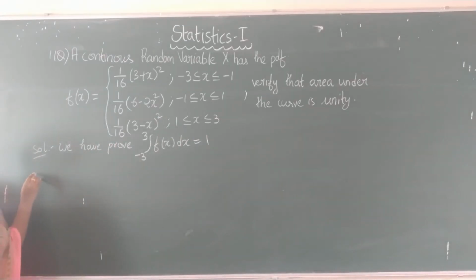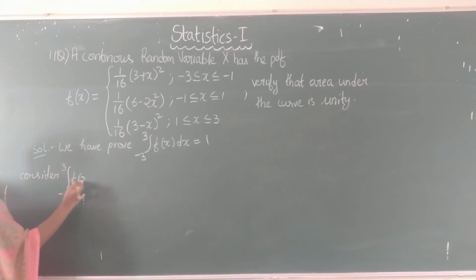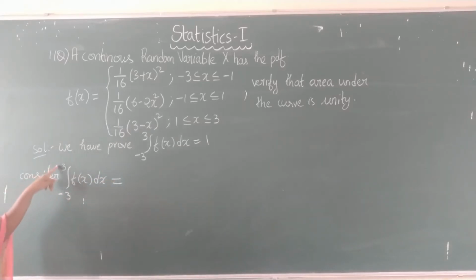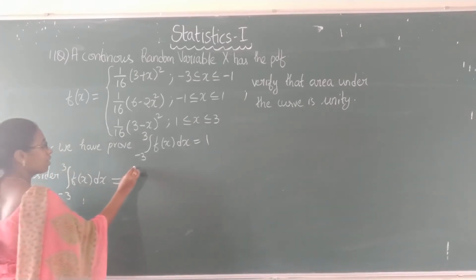Now consider integral over -3 to +3 of f(x) dx. -3 to +3 means it is divided into three parts. What is the first one?